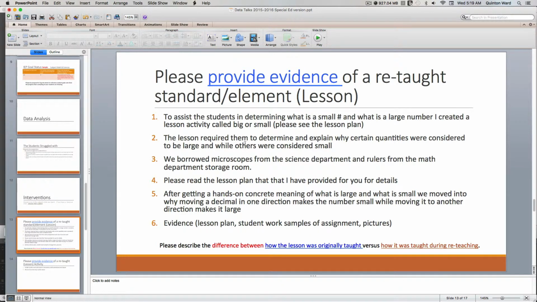The lesson required them to determine and explain why certain quantities were considered to be large and why others were considered small. We borrowed microscopes from the science department and rulers from the math department storage room.